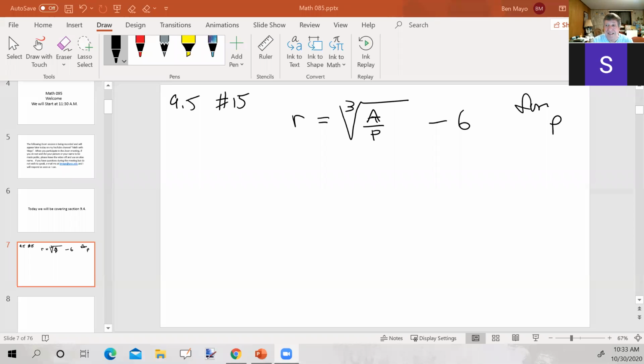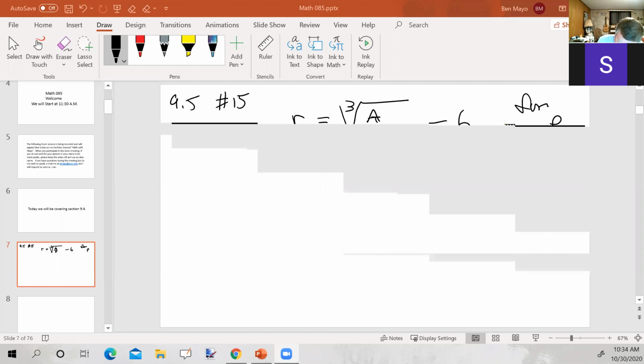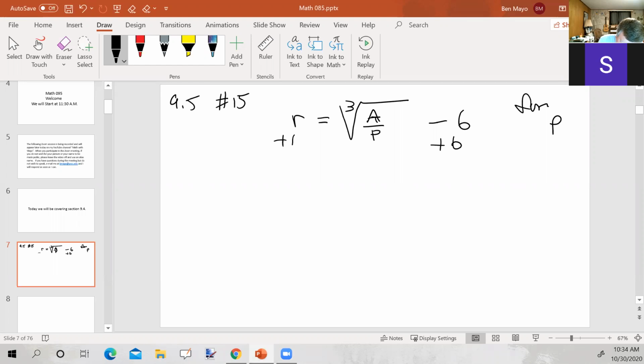P is inside the cube root and it's in the denominator. Before I cube both sides of the equation, I want to isolate the radical. So my first move is going to be to add 6 to both sides of the equation.